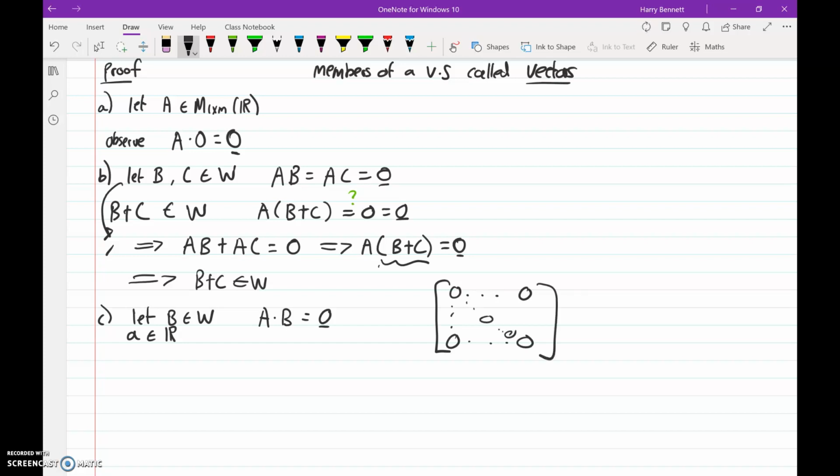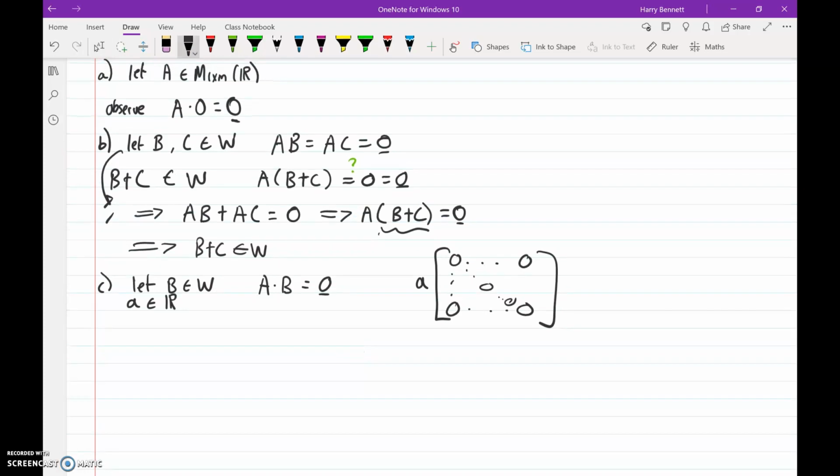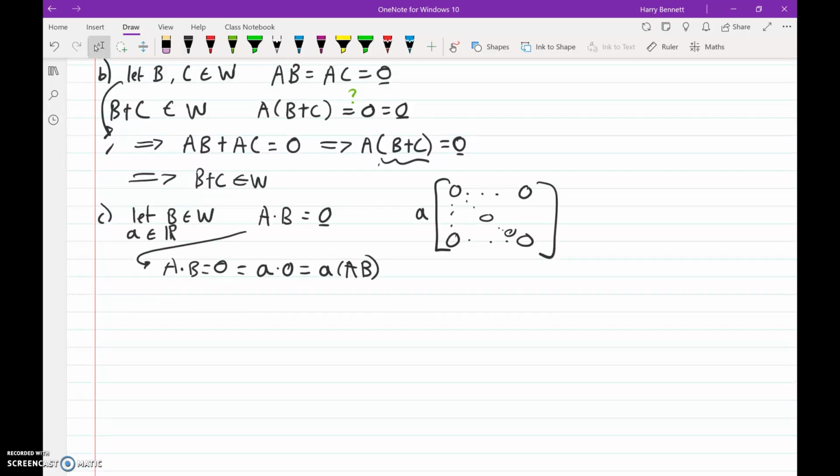So if you multiply this by any scalar A, you just get A times 0 in every entry, and that's just 0. So A times B is equal to 0, which is also equal to A times 0.